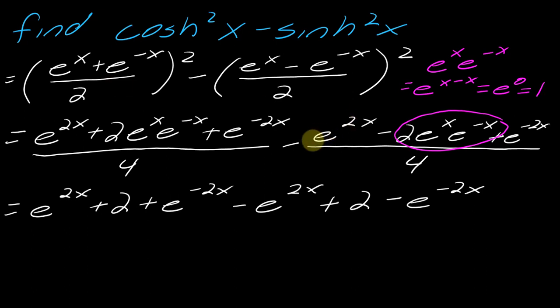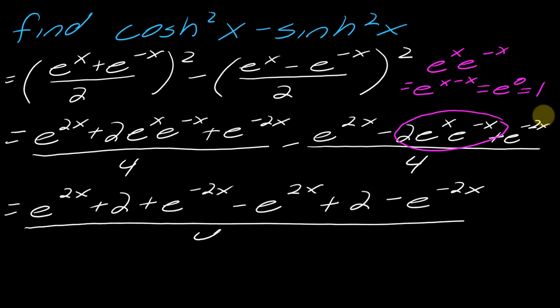So I just distributed the negative to each part, all of that over 4. Now you can see the e to the 2x terms drop out, and these drop out. And now you're just left with 2 plus 2, so this is 4 over 4, so this just equals 1.